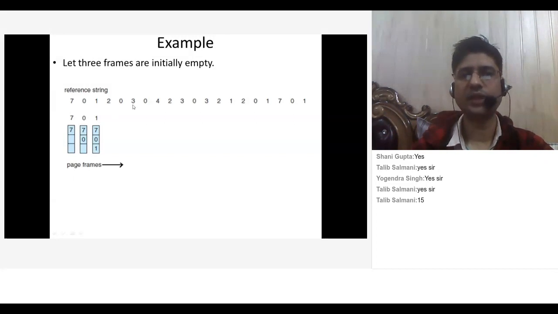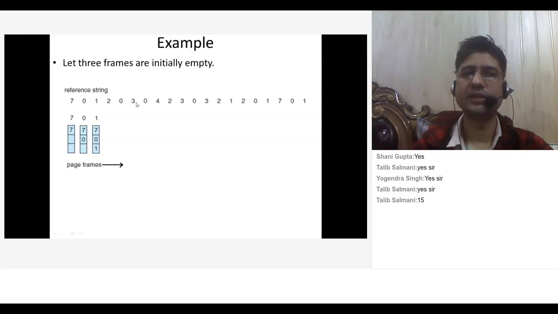You have to see which page will be used. You will not replace that page, right? Which page will not be used in the near future, we will replace that page. So look in the right direction. As you can see, after 2, 0 will be called, so we don't want to remove 0 from the frames.